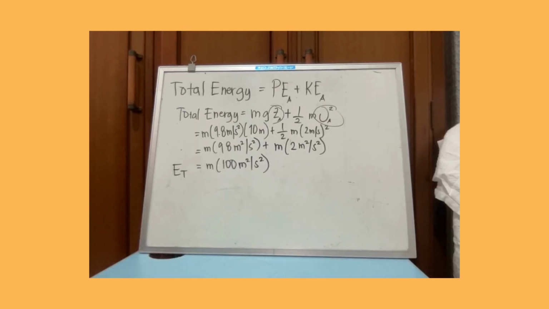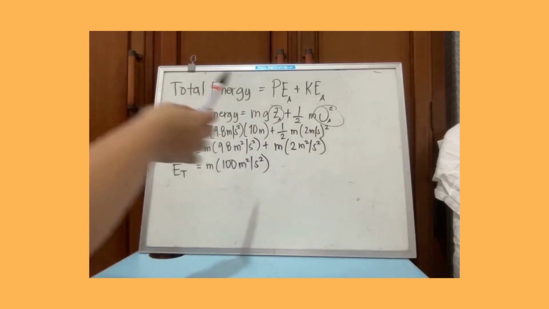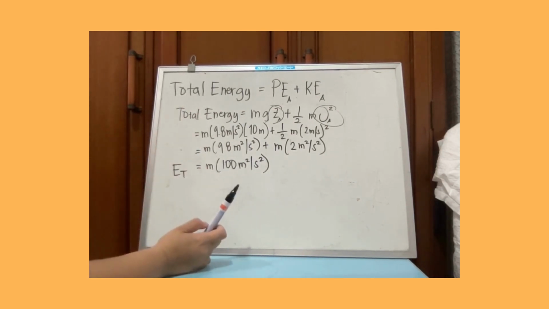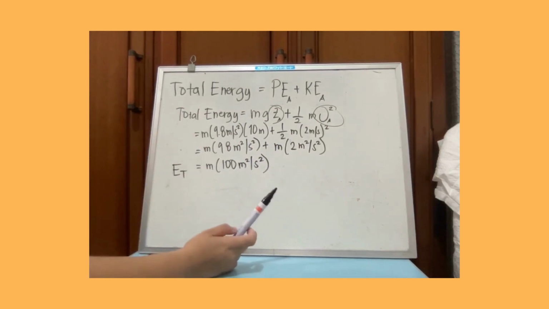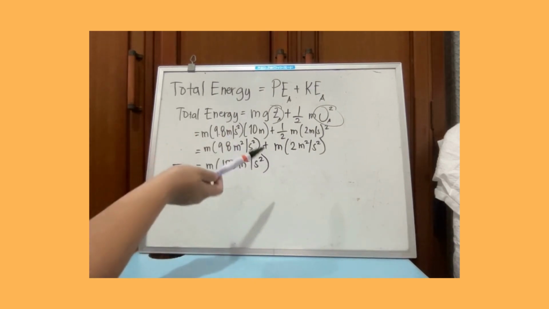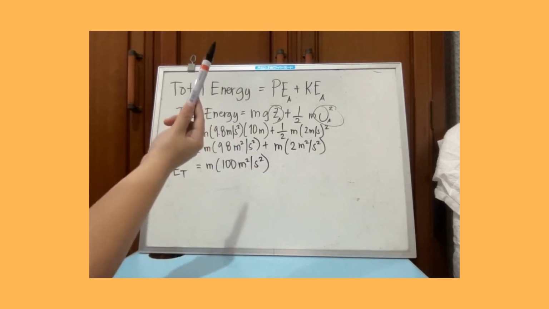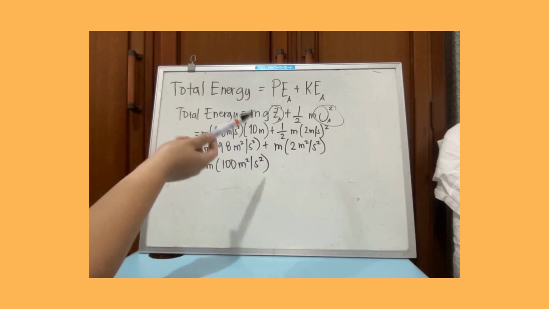Para mahanap natin yung mga required, kailangan muna natin isolve ang total energy. Since ang mga given natin is from point A, ang gagamitin natin for total energy is from point A. So, total energy is equal to potential energy sub A plus kinetic energy sub A. Ang formula natin sa potential energy is mass times gravity times height.